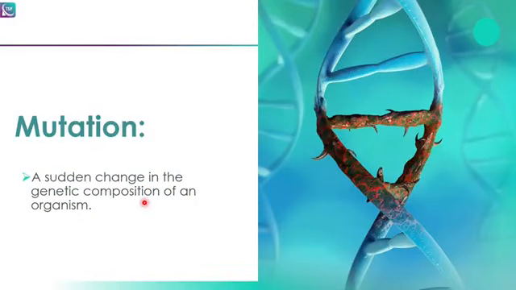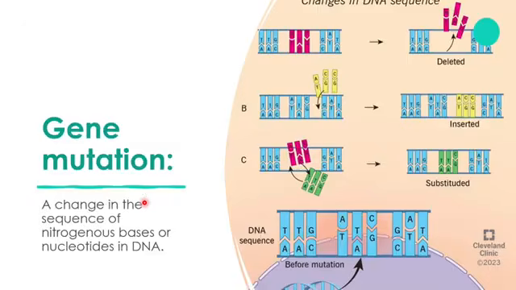We get 2 different types. In your textbooks, there might be more types of mutations. Luckily for you guys, you only have to learn these 2. So the first one is a gene mutation. And a gene mutation is the change in the sequence, very important, of the nitrogenous bases of the nucleotides in the DNA.